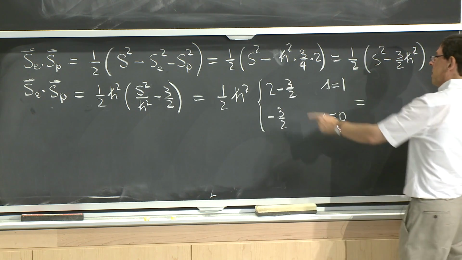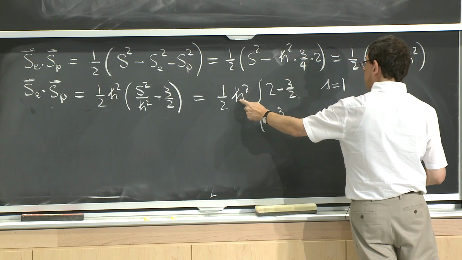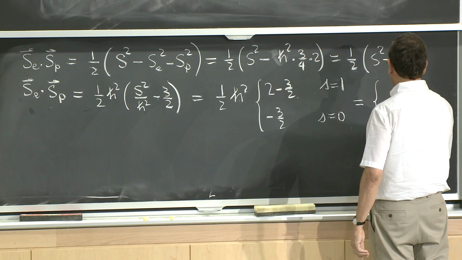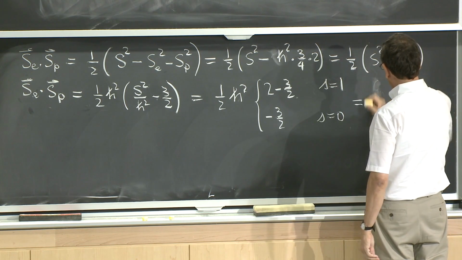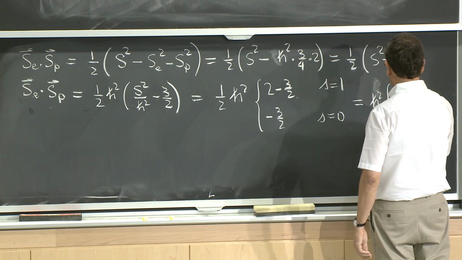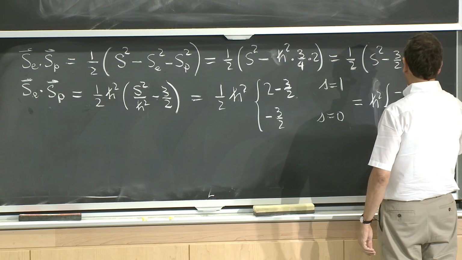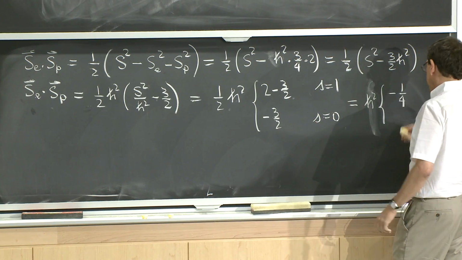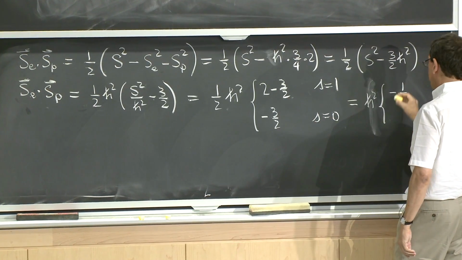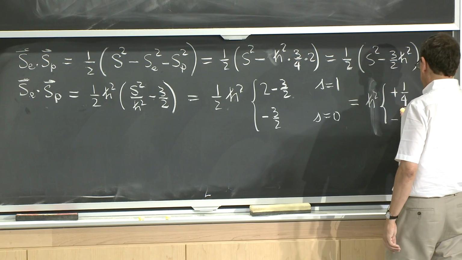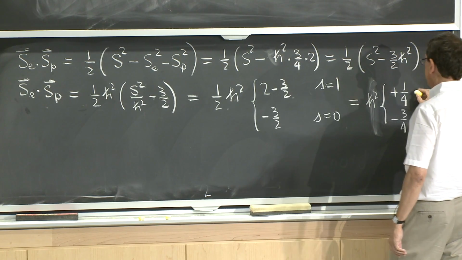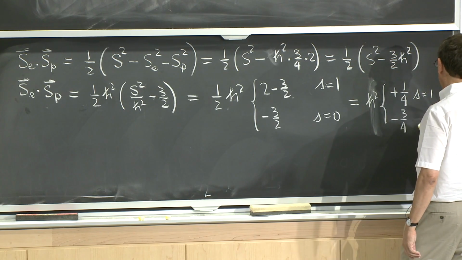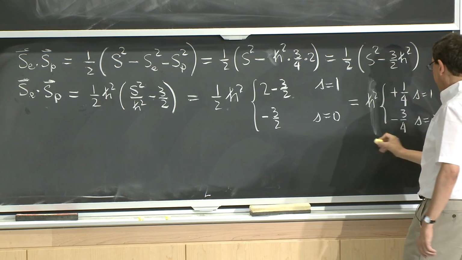So this is 1/2 times ħ squared, I can put here ħ squared times 1/2 in: plus 1/4 for S equals 1 and minus 3/4 for S equals 0.